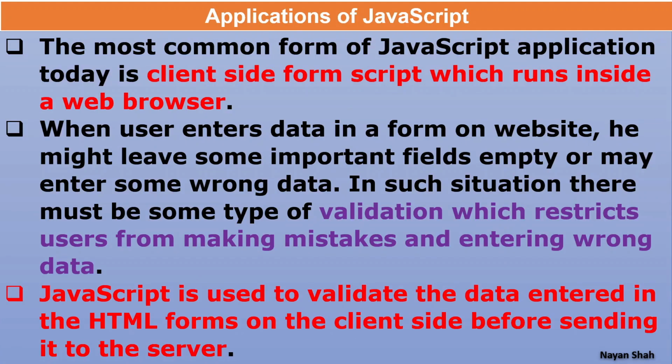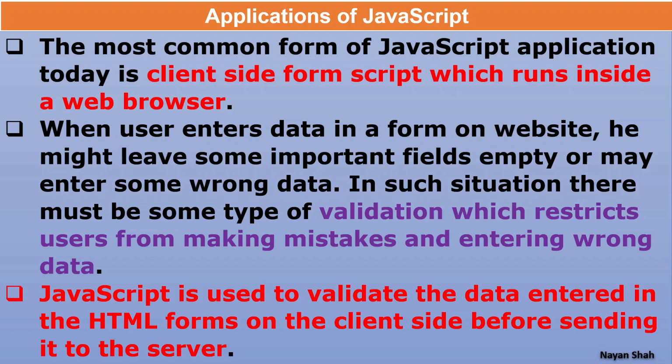Applications of JavaScript. The most common form of JavaScript application today is client-side form scripting, which runs inside a web browser. In simple language, the most common use of JavaScript nowadays is form validation. You open a form, and with that form comes scripting code, which runs in your computer, client side.